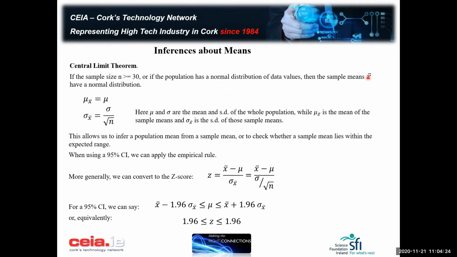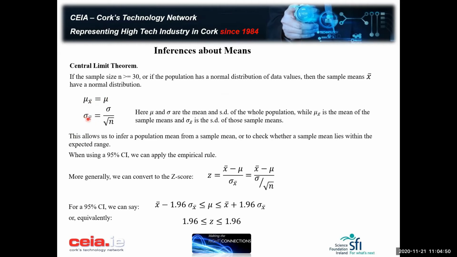The fact that they're normally distributed means that we can use all of the tools we've talked about before, as long as we know their mean, which is the mean of these means, which is this mu x bar, and we know the standard deviation. And the central limit theorem tells us what those two values are, and it tells you the mean of the means will be the population mean, so that's easy.